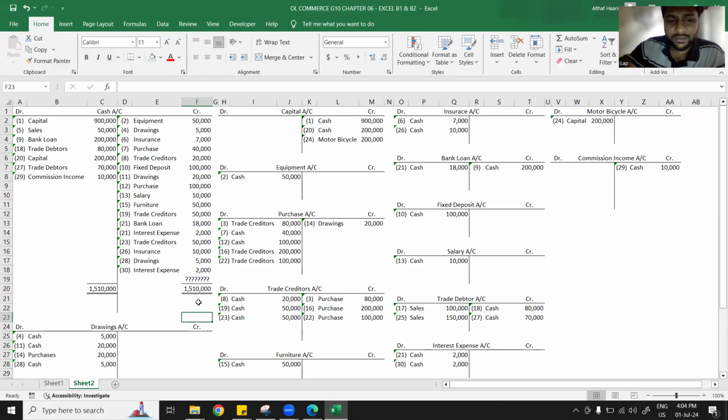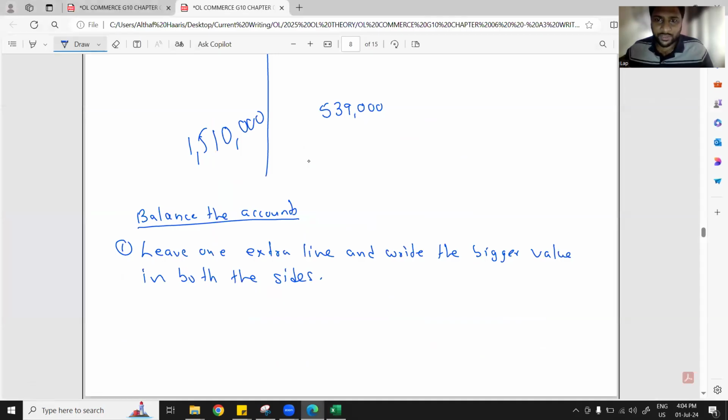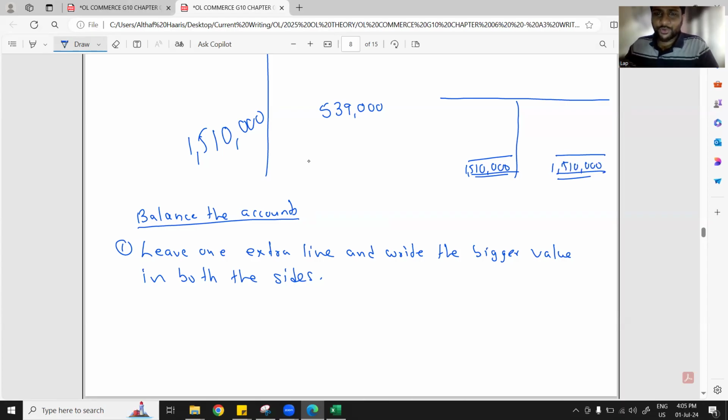How much is missing? So if this is your account, both the sides 1510000.